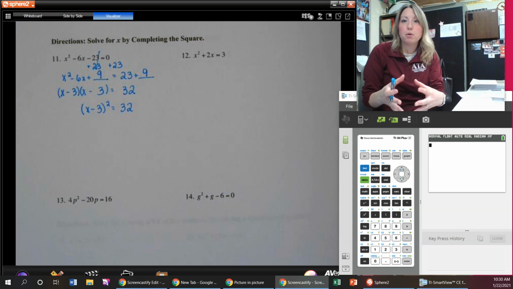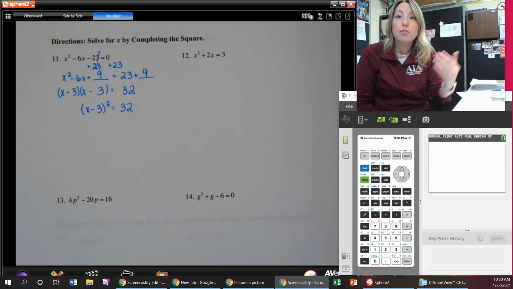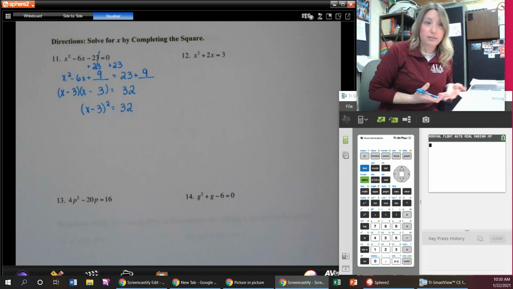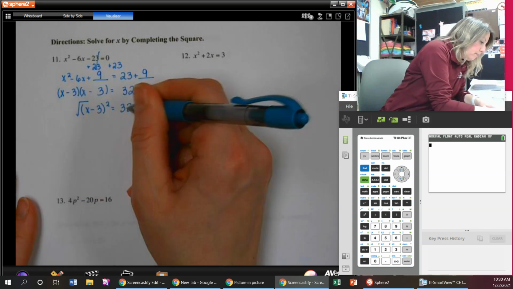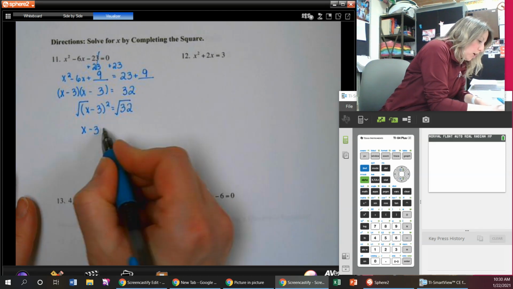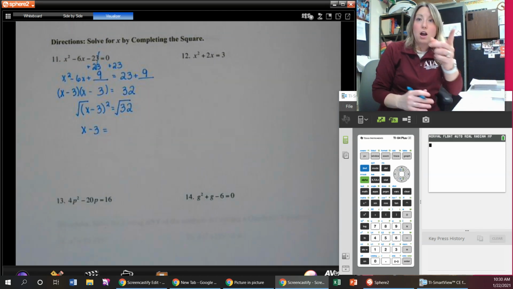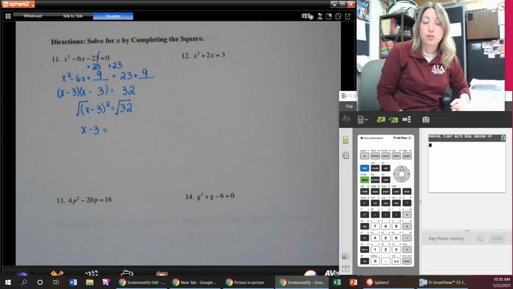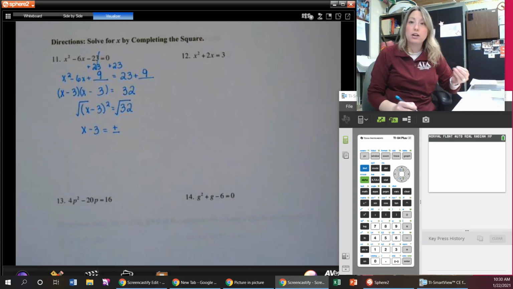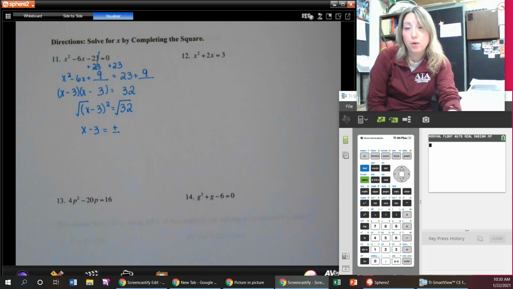And that's exactly where we need to be because now the opposite of squaring something is taking the square root. So I can take the square roots of both sides. Over here, just x minus 3 comes out because the square and the square root cancel each other out. On this side, with the radical 32, we have to put a plus and minus in front of the radical. And if a radical is simplifiable, you have to do it.